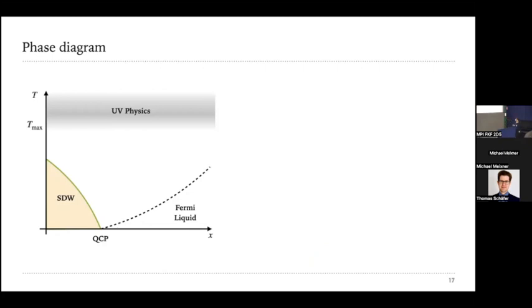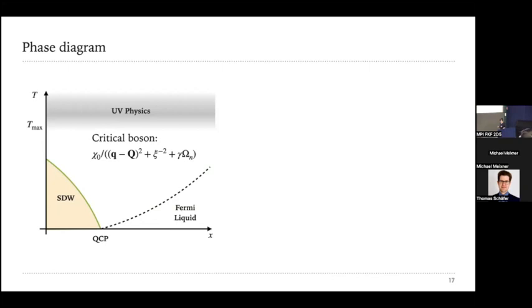And so next I want to discuss the phase diagram from our study. Previously I have talked about the thermal fluctuation scenarios. However, if we want to understand the phase diagram broadly, it's important to consider this critical boson near the SDW quantum criticality, which includes a Landau damping term.